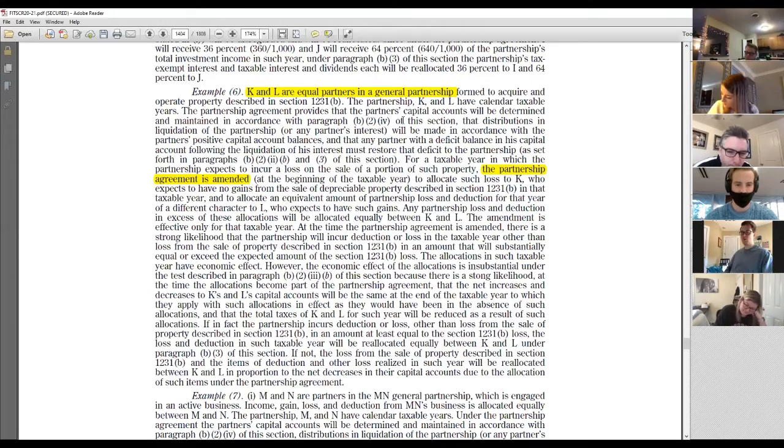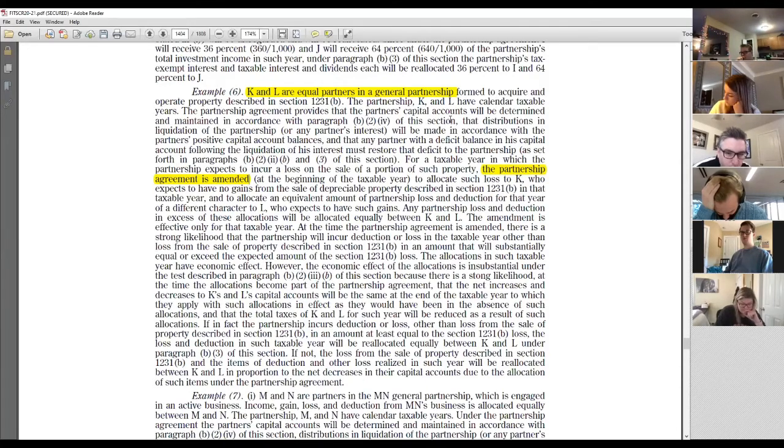And we know that you could have 1231 gains and losses directly from a business you're operating directly, or they can flow through. You can have 1231 gains and losses recognized by a partnership or S corporation that flow through to you. So in order to know whether a 1231 loss allocated to a partner is going to be capital or ordinary, we need to know the partner's individual tax situation.